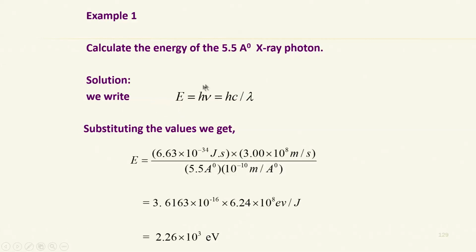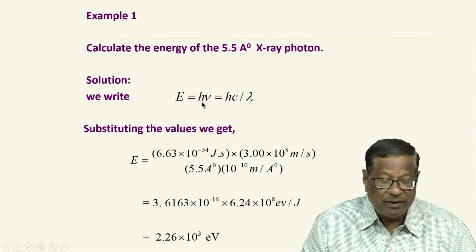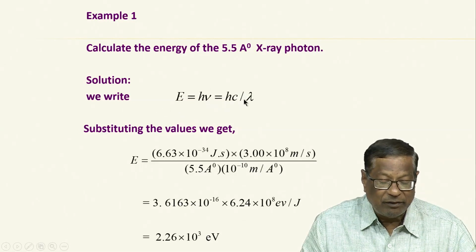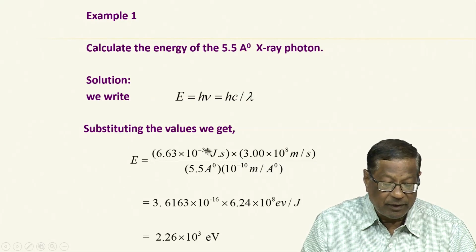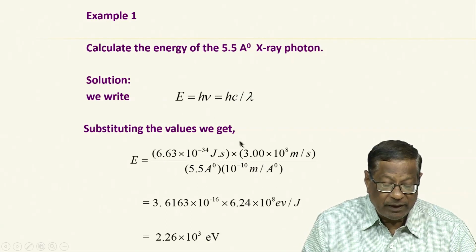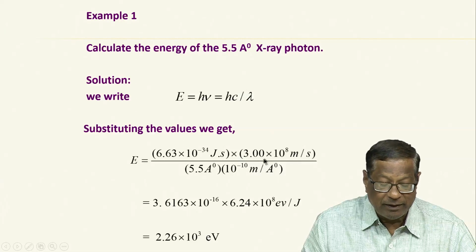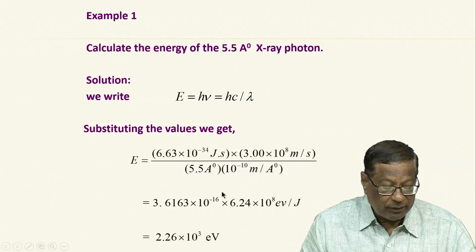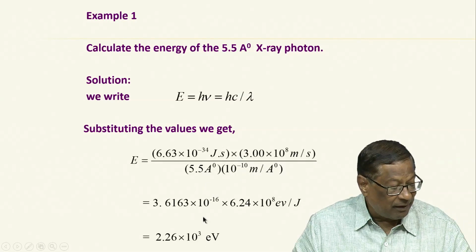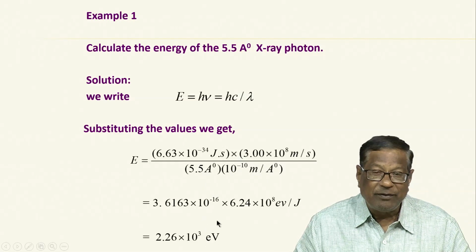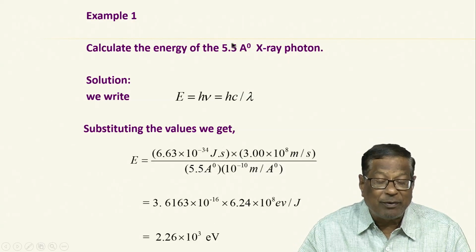So, here you can fill up the numbers, E is equal to h nu or hc by lambda. Here you can put the h value, then c, this is 3 into 10 raised to 8, and then the wavelength. If you solve this, you can calculate the energy of the incident radiation corresponding to this wavelength.